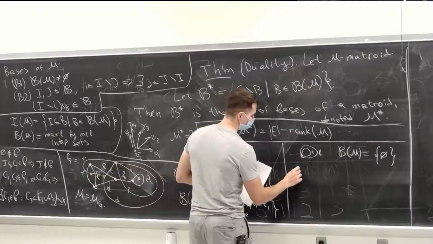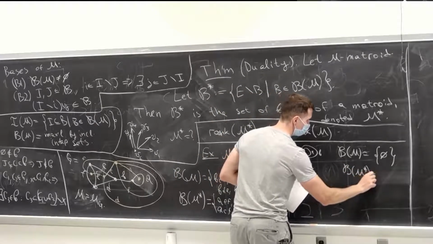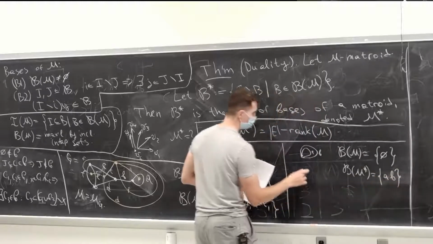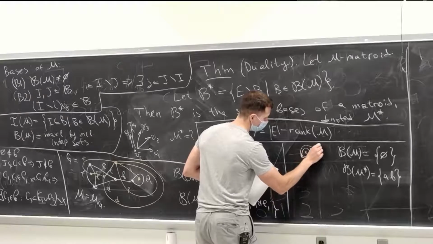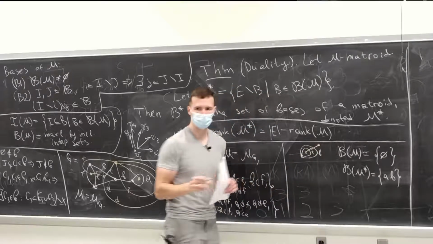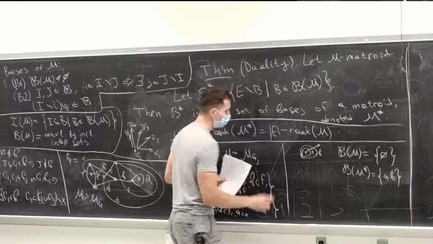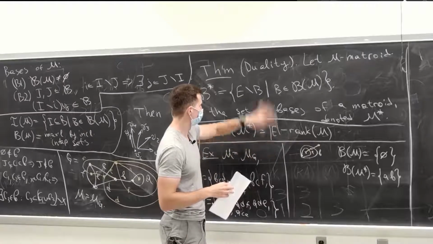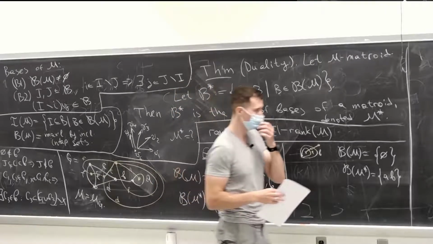In particular, the dual basis is AB, and the corresponding graph looks like this. For matroids, it's very important for the definitions to work for all degenerate cases.